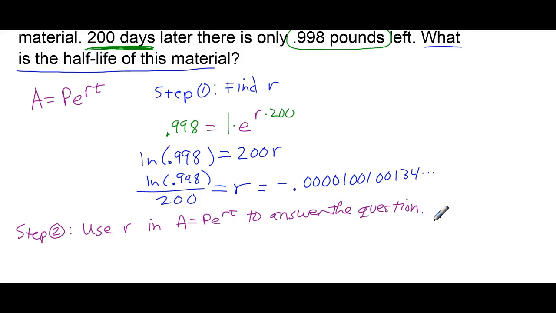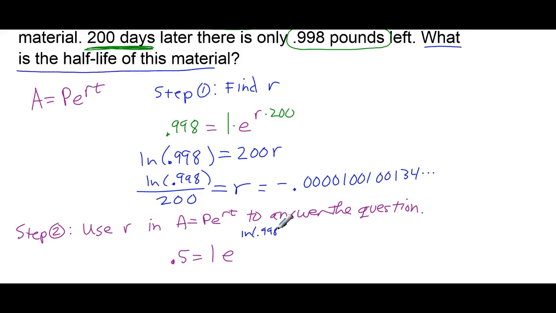But it's a little better to translate that into more normal language. When we say half-life, that's kind of a fancy term. What that actually means is, what is the length of time it's going to take to get to half of the starting amount? In this case, we know what the starting amount was. It was 1 pound. So half of the starting amount would be half of a pound.